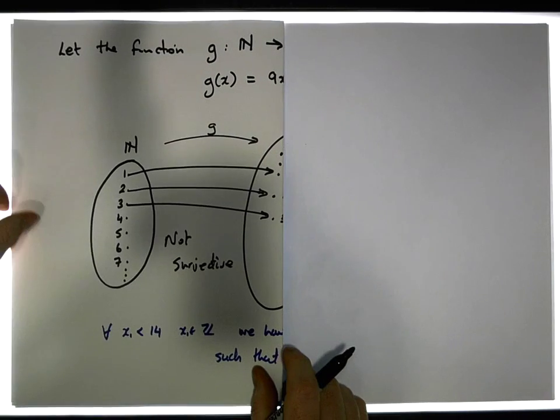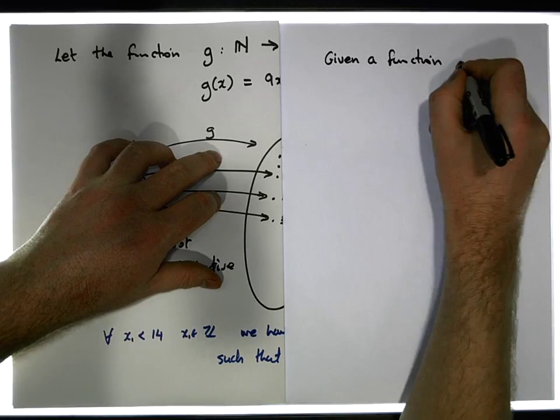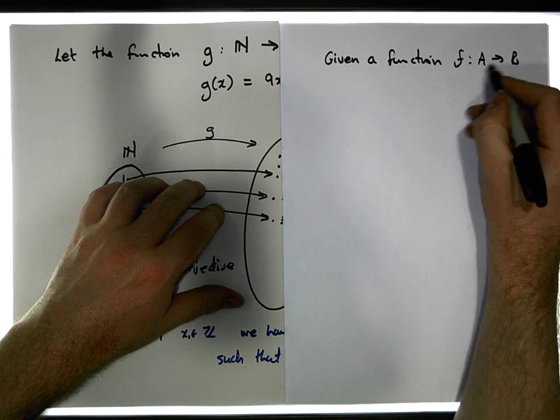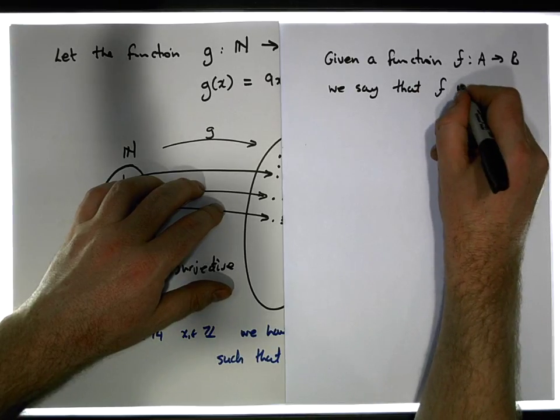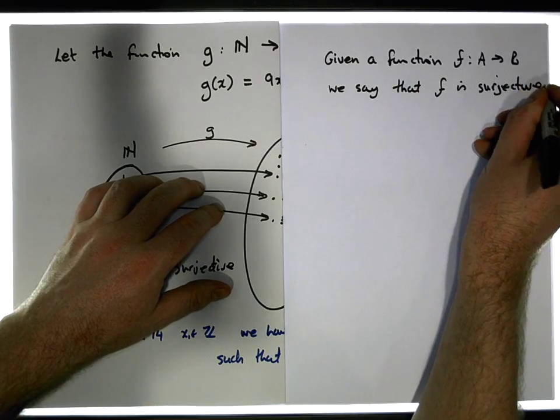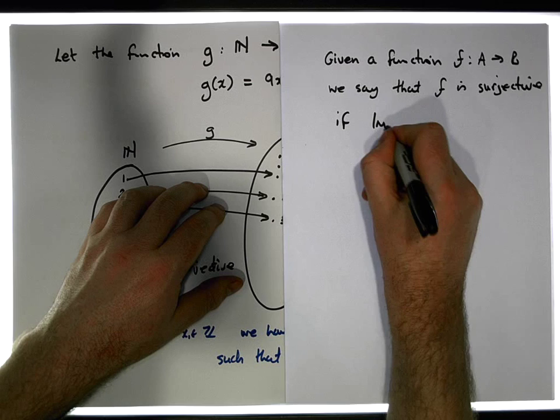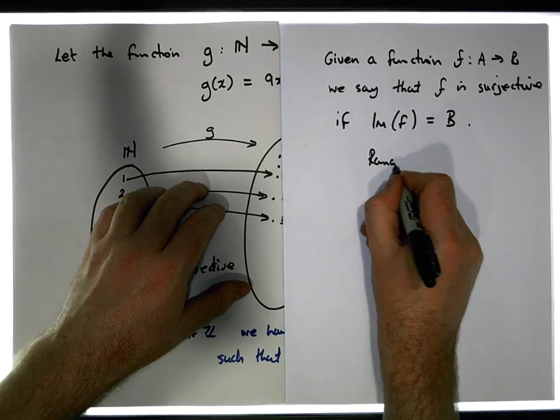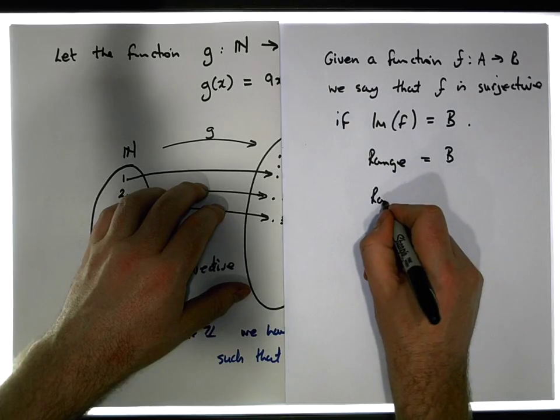So let's say given a function f that maps a set A into a set B, this is another way we could define it: f is surjective if the image of f is equal to the set B. Really what I'm saying is that the range of the function is equal to the codomain.